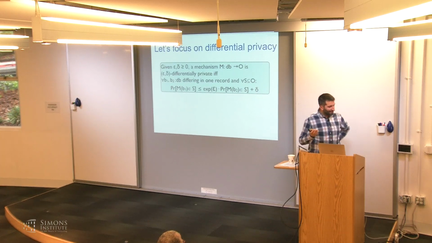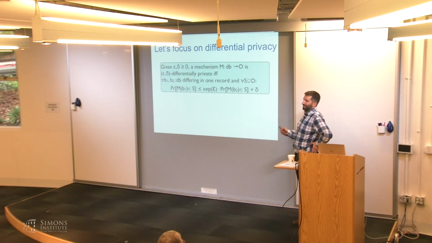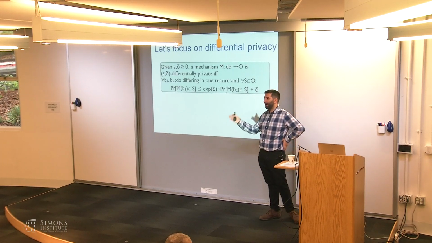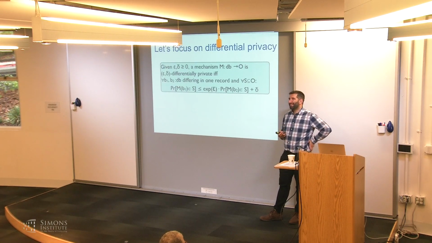I still remember one of the first discussions I had with Kobe, saying, oh, but this program satisfies differential privacy. And Kobe said, not really, because it has no accuracy.